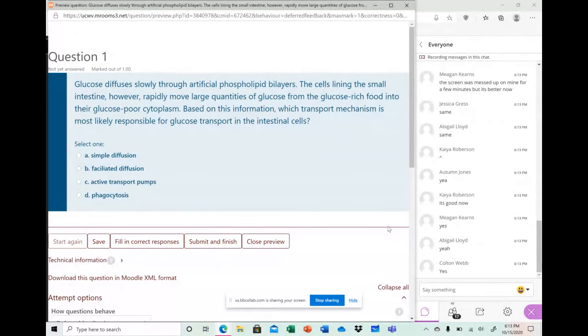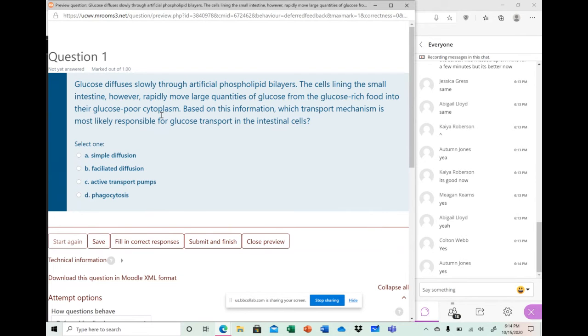Did you all hear the part about glucose and how it's large so that it needs a little bit more help getting past the membrane? Okay, good. Now let's take a look at the second part. It says we're moving from glucose-rich to glucose-poor. If we reword that, we're going from an area of high concentration to low concentration.